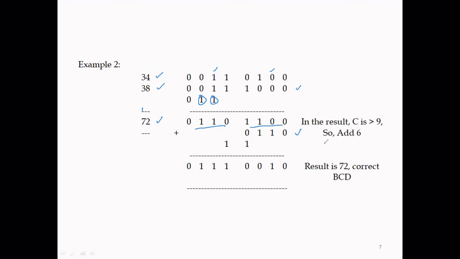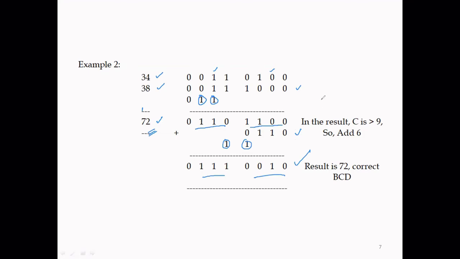After adding 6, we get 7, 2. We got 72. In this way, it corrects BCD numbers.